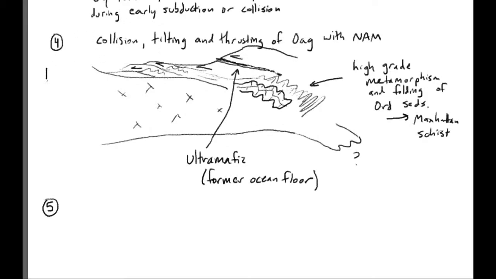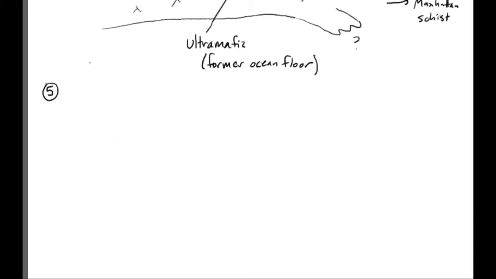So 4, we call this the tectonic orogeny. And then 5 would be post-tectonic orogeny.